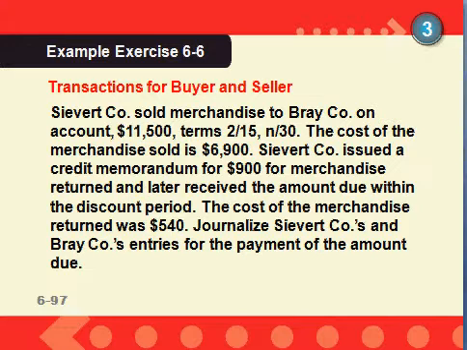Sievert issued a credit memo for $900 for merchandise returned and later received the amount due within the discount period. The cost of merchandise returned was $540, and it says journalize Sievert Company's and Bray Company's entries for the payment of the amount due.